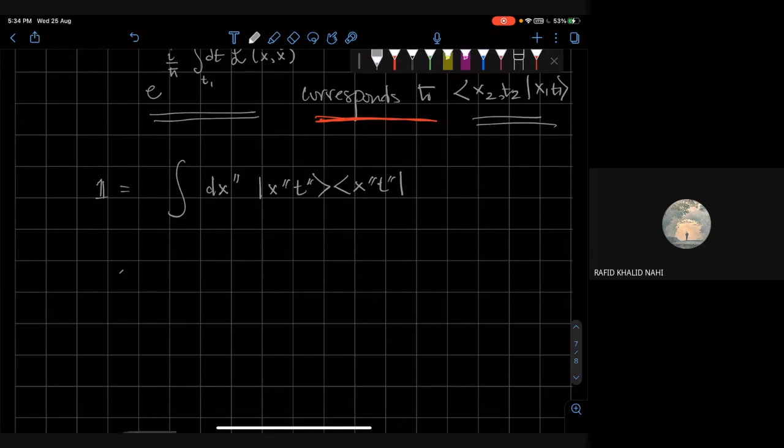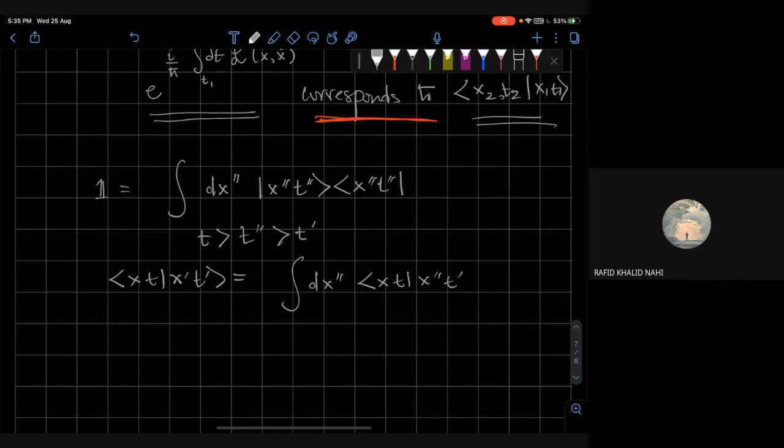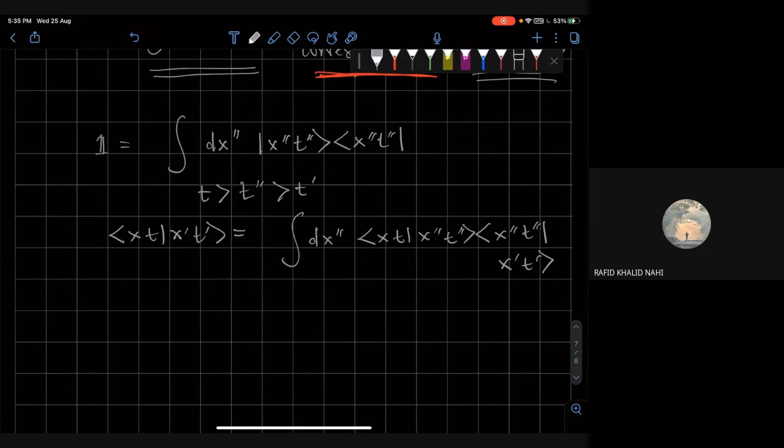And we can then take the bra x,t and ket x',t', and we can take t double prime to be a time that is between the final time and the initial time. If I do this, then I can expand.